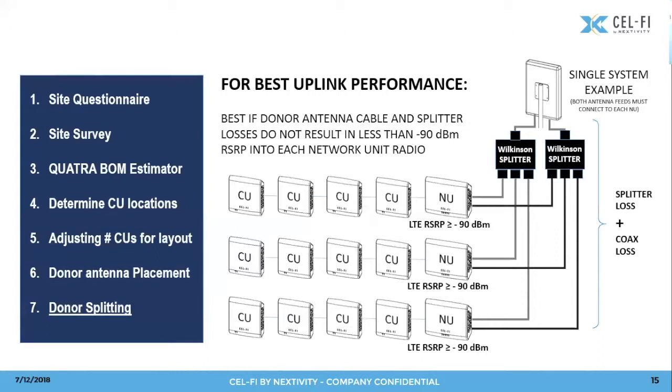That gives me 10 dB of room to play in order to get from that donor antenna down to the network units. So I can split it. In this case, let's say you had a four-way splitter, you'd be looking at 6 dB down plus your cable loss. You can figure that out in order to make sure you hit your network units at minus 90 dBm, and help ensure the uplink.